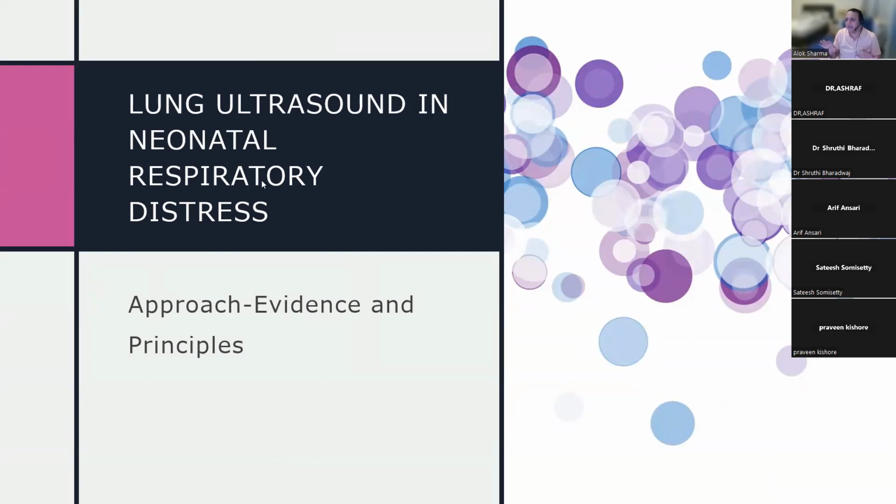If I summarize, over the last 10 days, we have covered how you make a diagnosis of neonatal respiratory distress, how you would use lung ultrasound in that process, and how you would use lung ultrasound scoring in that process. And really, the question now is, for those of you who are not using it, how you would implement it as a protocol in the context of what you're doing in your units.